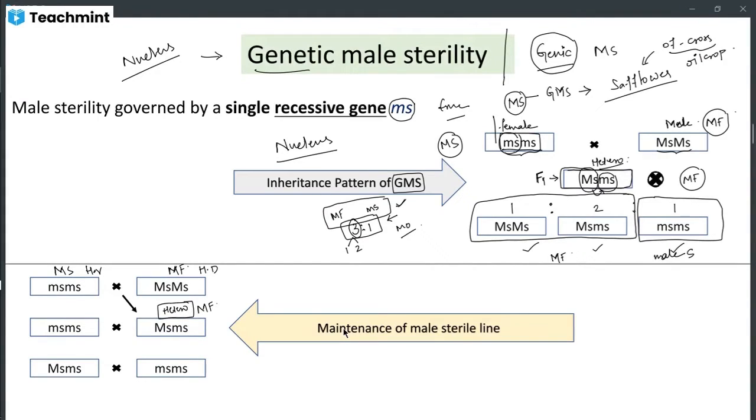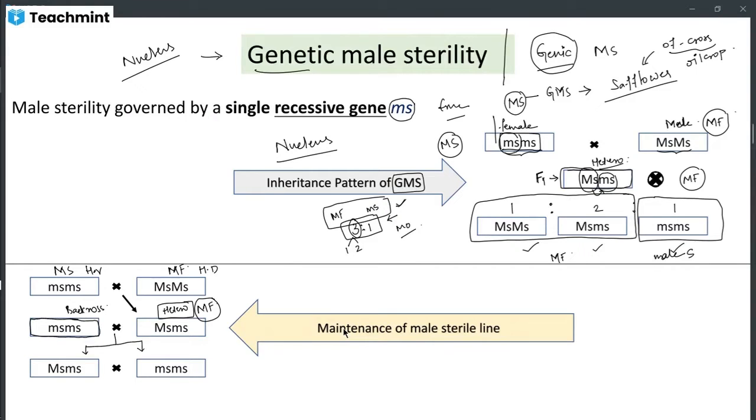When you cross this heterozygous male fertile progeny with the female parent again, what do you call this cross? A back cross. When you perform a back cross, you will have two different types of progeny.